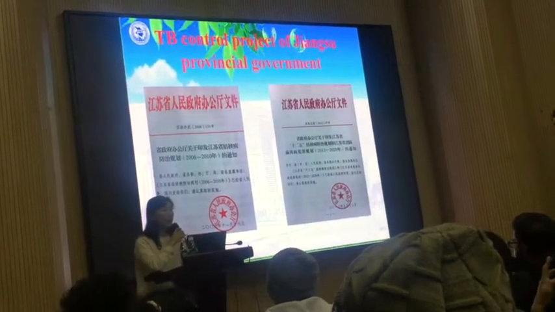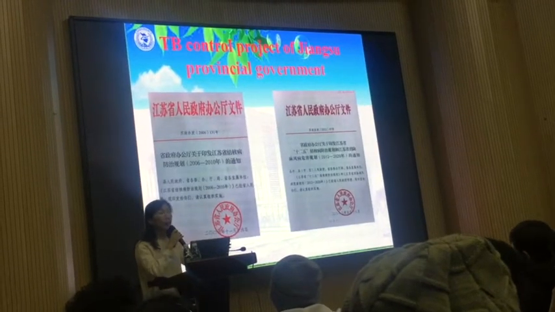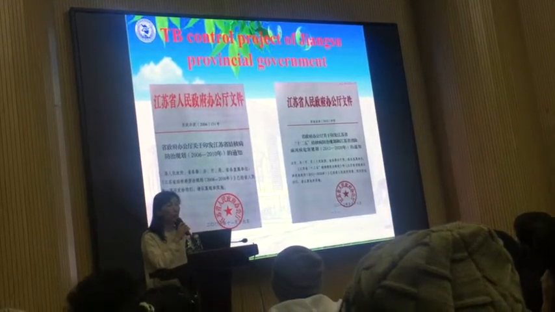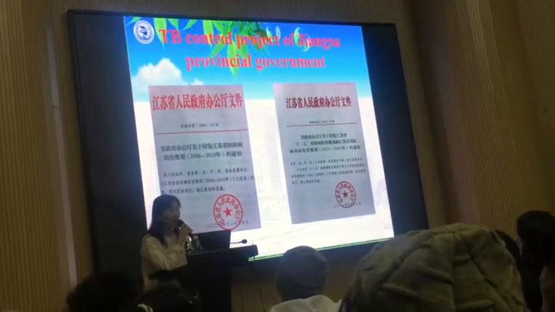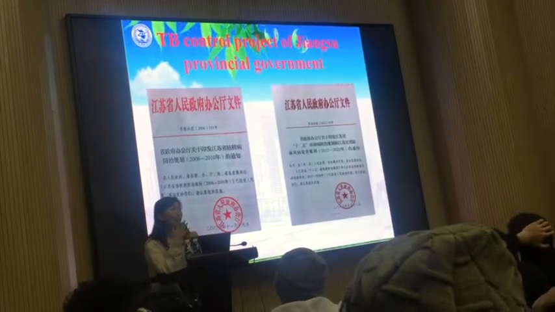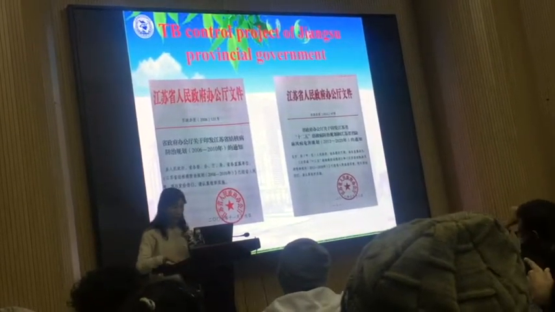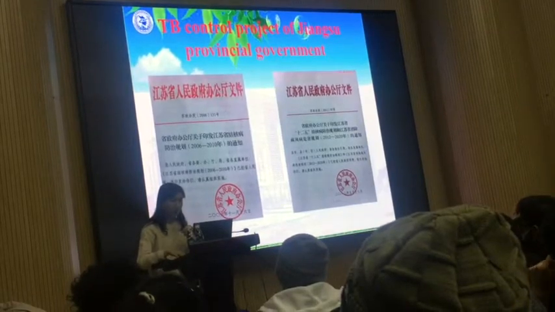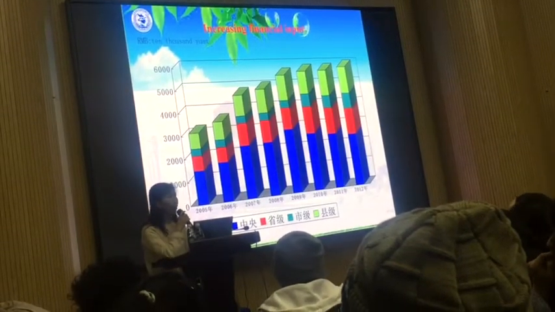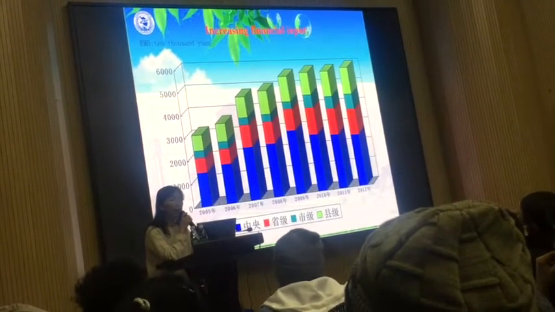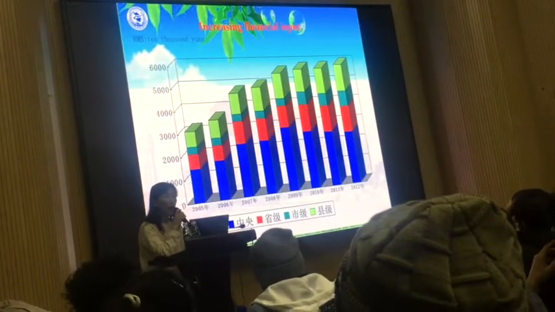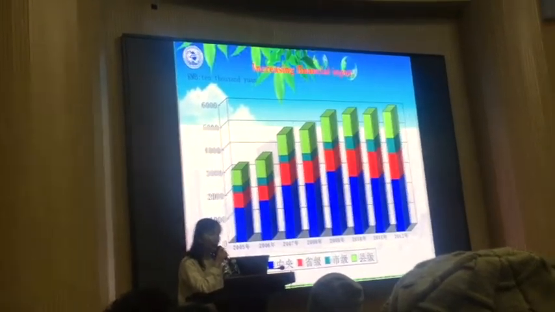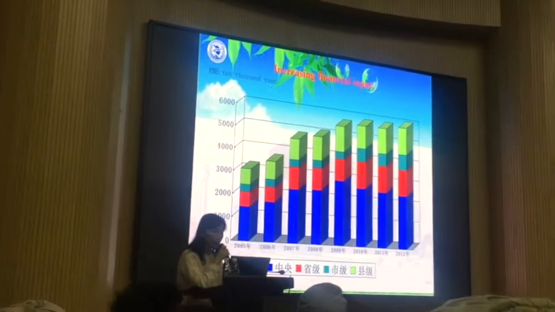And this is the TB control project of the Jiangsu provincial government. We have this project every 5 years. From this picture, we can see the financial input is increasing by the year.